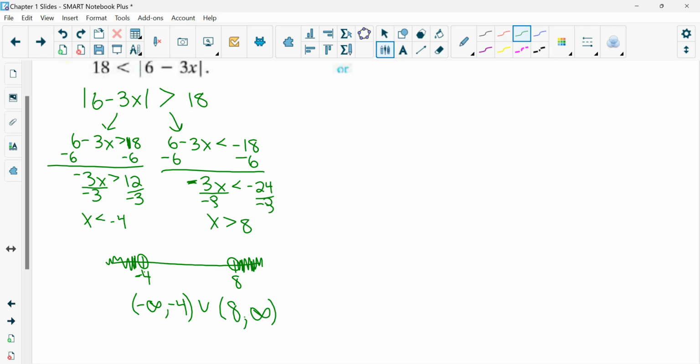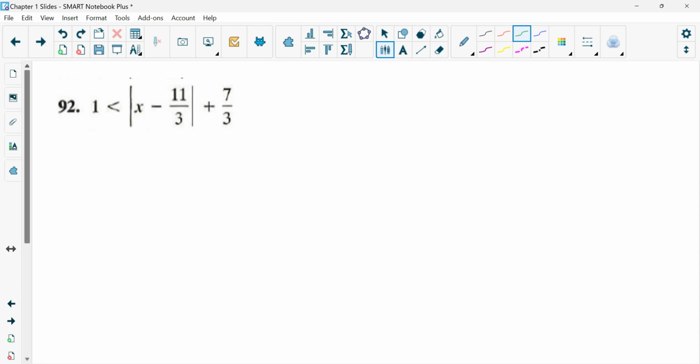All right, and then one last one that's a little tricky is this one here. Again, first thing I want to do is get my x on the left. So I'm just going to switch sides with everything.